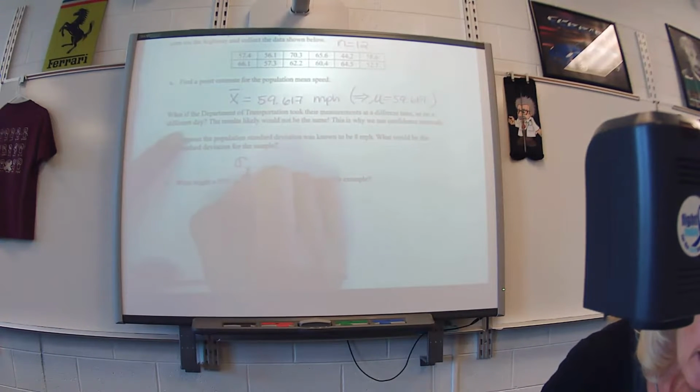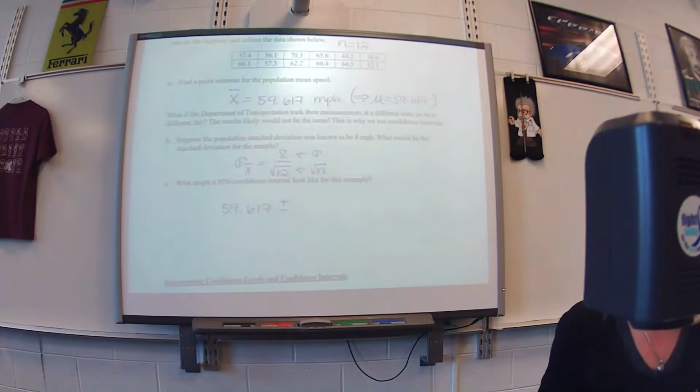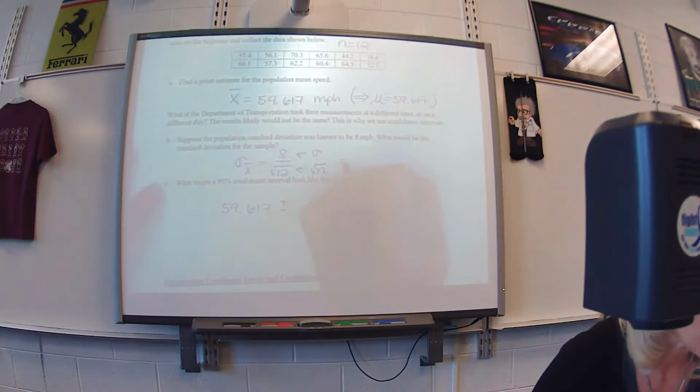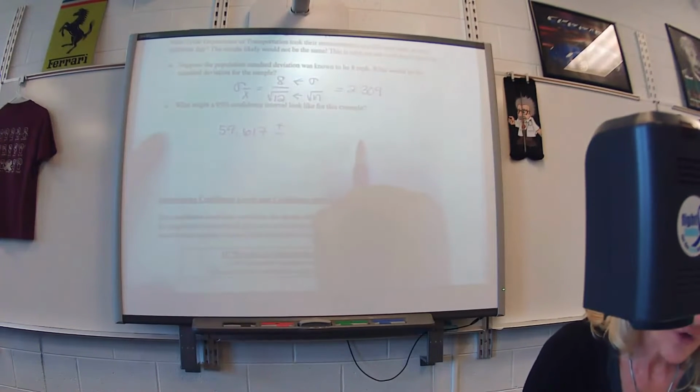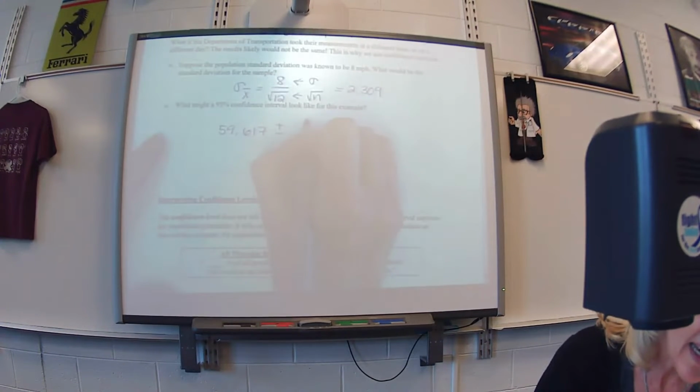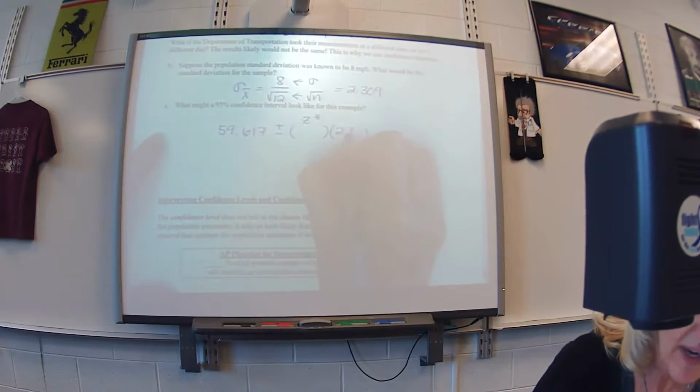Then sigma sub x bar would be that 8 sigma divided by the square root of the n size, so the square root of 12 here. And I had that comes out to be about 2.309. So the rest of the formula here is we need a z star, and then that's going to get multiplied by the 2.309.